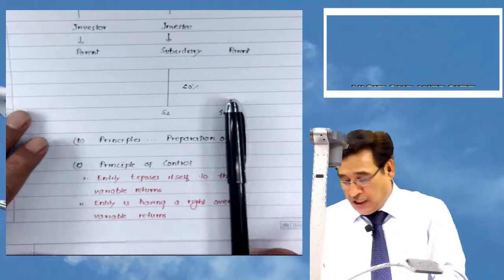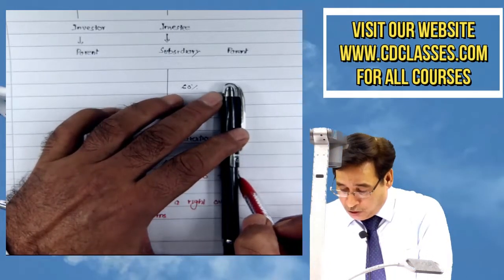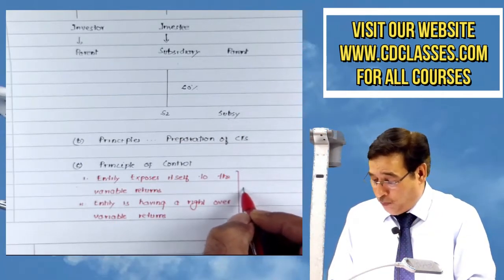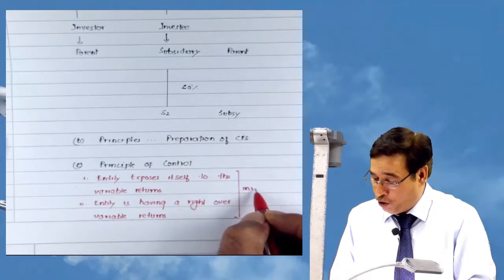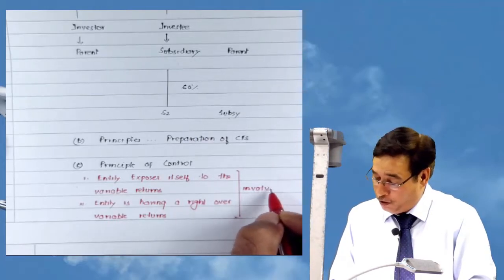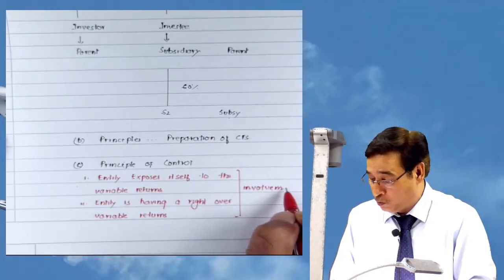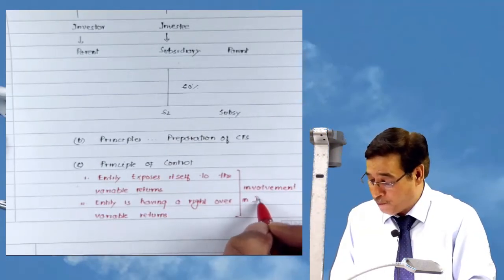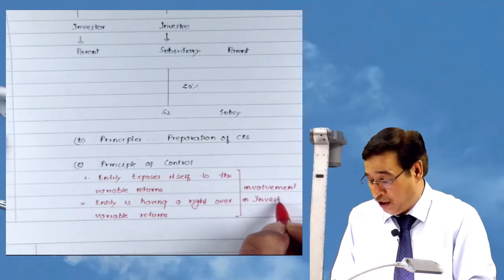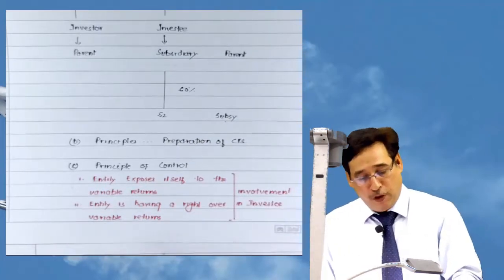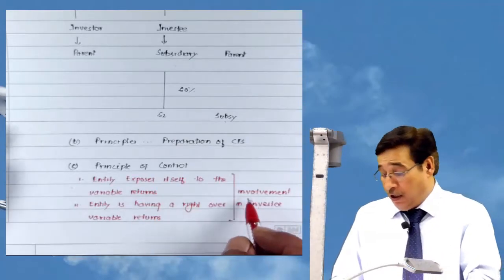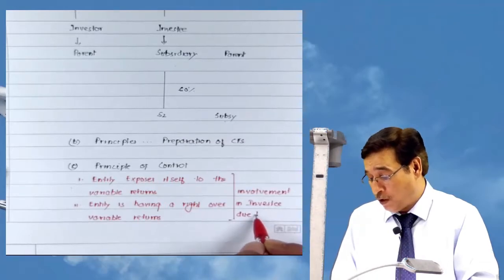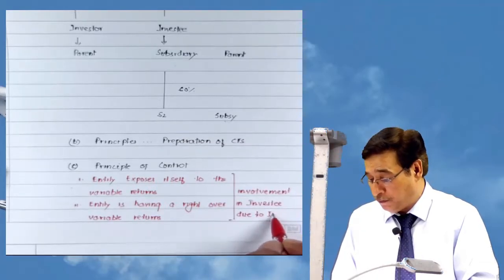That means these two things arise because of involvement in the investee. The investee is the company or entity wherein you have invested. Involvement in the investee is due to investments, because you have invested some amount over there.